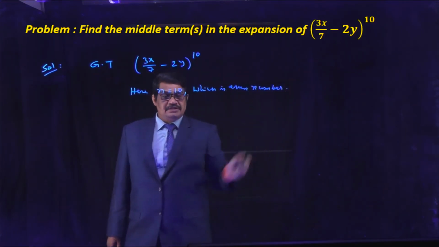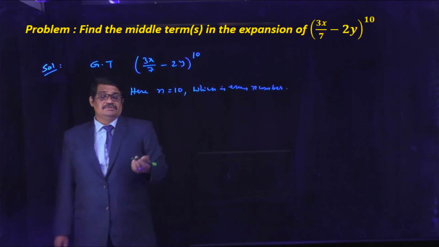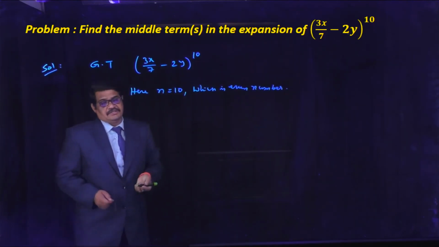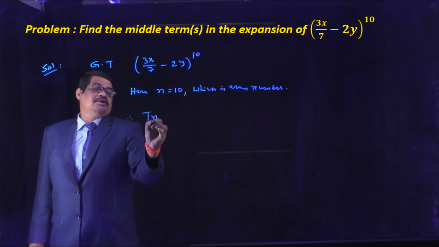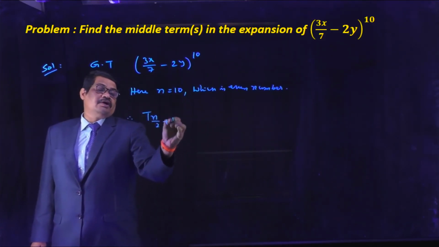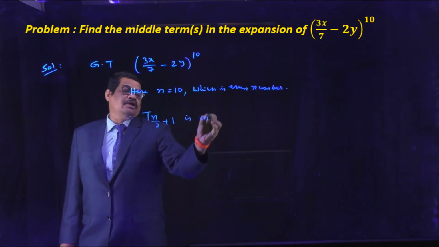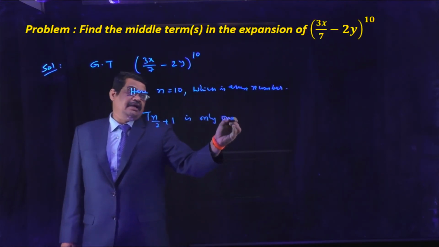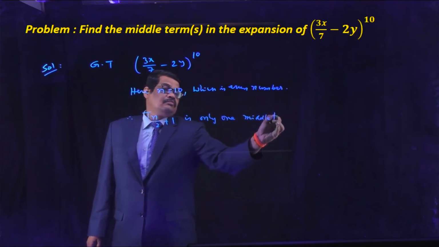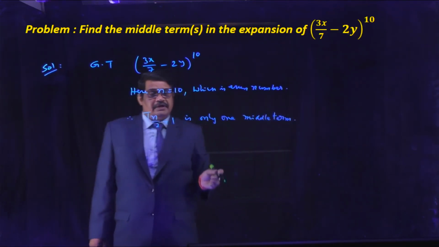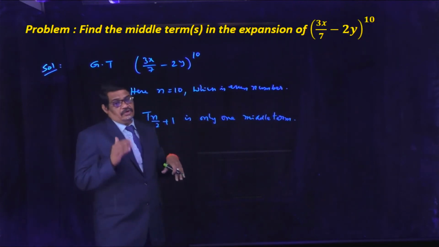If the index is an even number, then what is the middle term? In that case, there is only one middle term, that is T(n/2 + 1). If n is even, we get only one middle term.